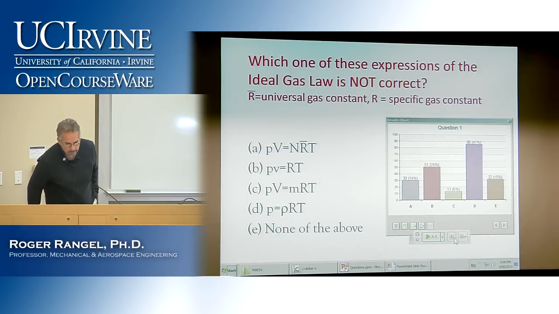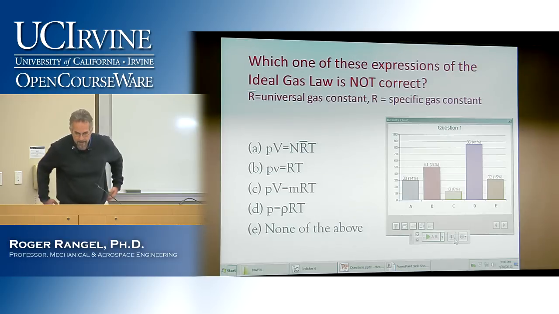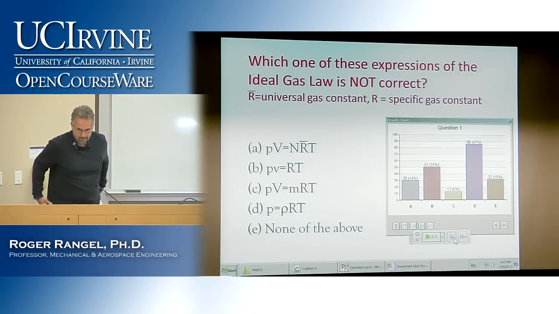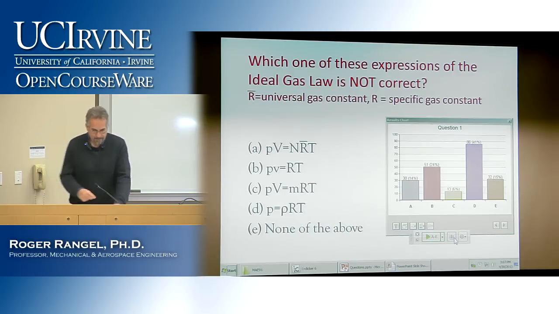Which one is not correct? You said mostly D, P equals rho RT. If D is not correct, right, then C would not be correct, right?